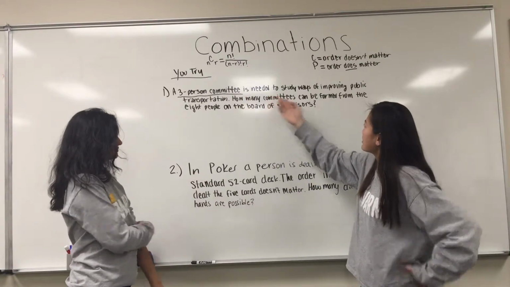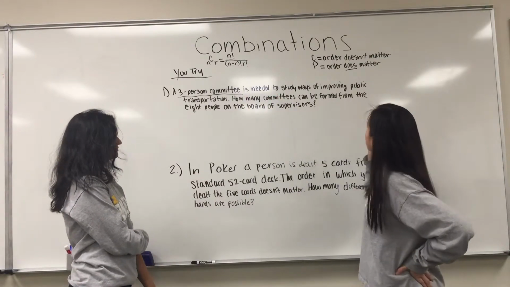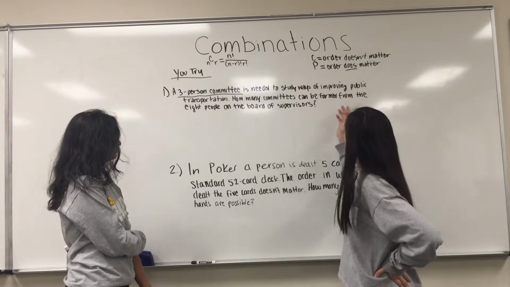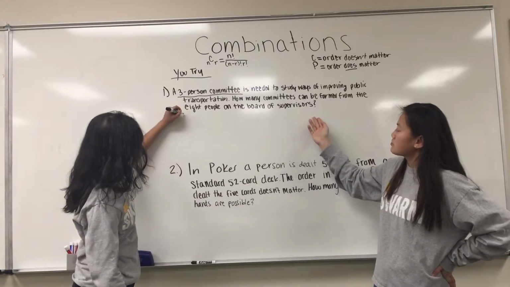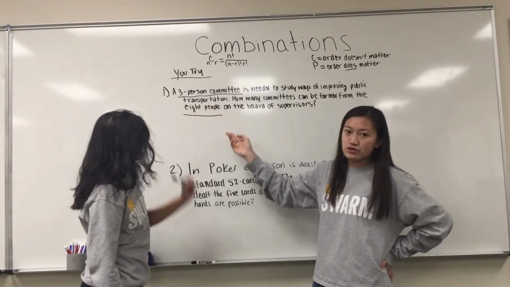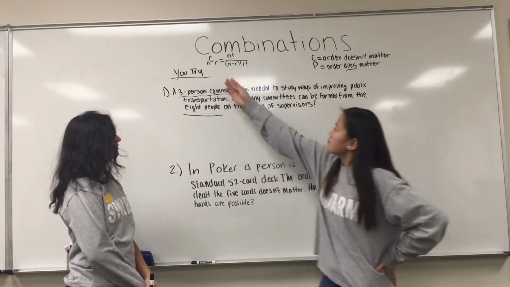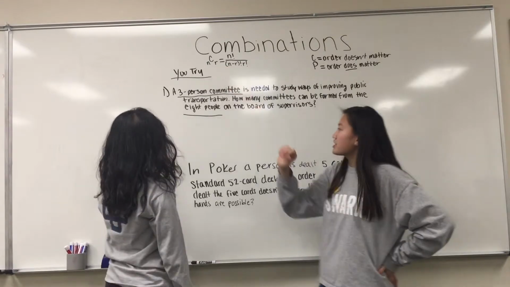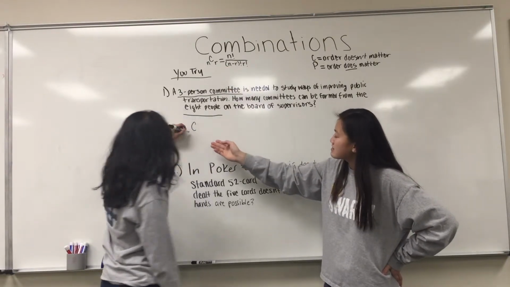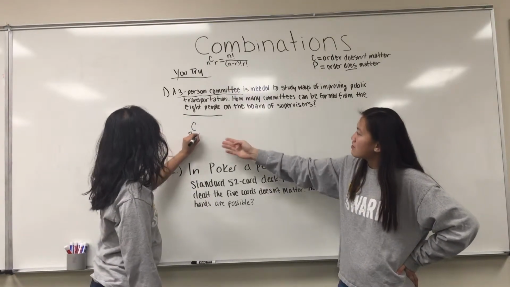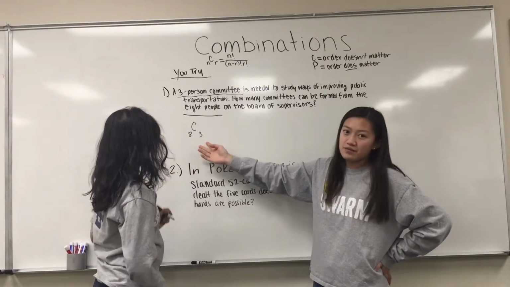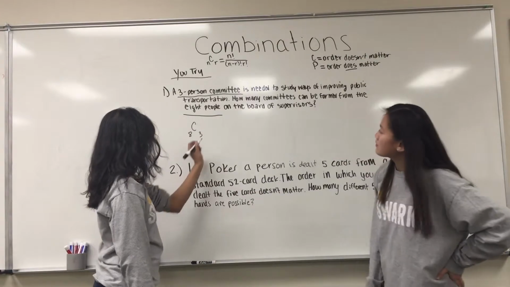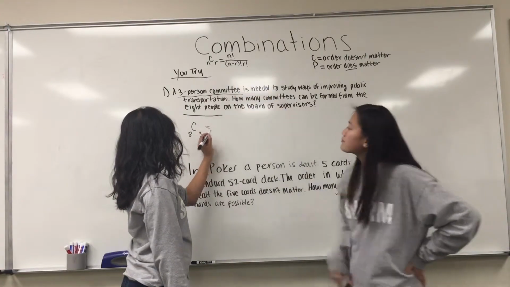So 3 are needed, and they're formed from the 8 people on the board of supervisors. So there are 8 people total. From the equation, we can write 8C3, because 8 is our total number and 3 is how many we need from the 8. Then we put it into the rest.